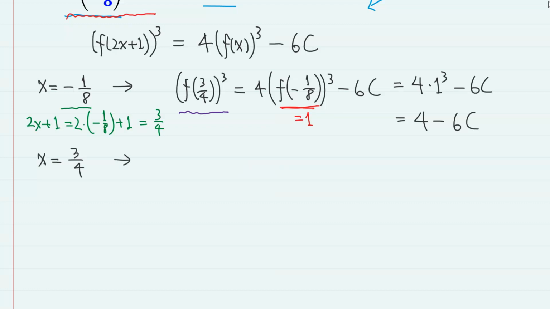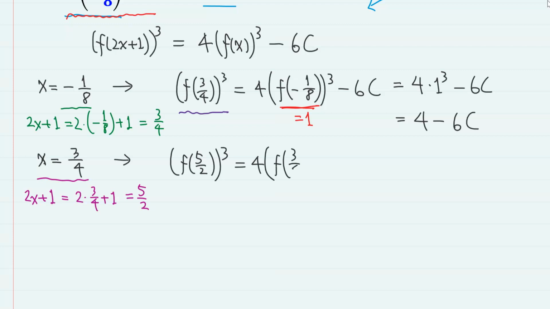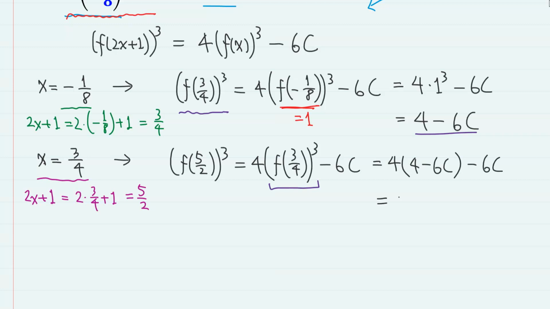Now we substitute x equals 3/4, then 2x+1 is 5/2. So we have f(5/2) cubed equals 4 f(3/4) cubed minus 6c. So using this value for here, we have 4 times (4 minus 6c) minus 6c, which is 16 minus 30c. So now we have obtained the value of f(5/2) cubed.